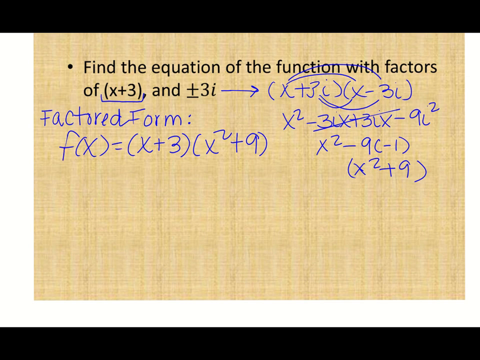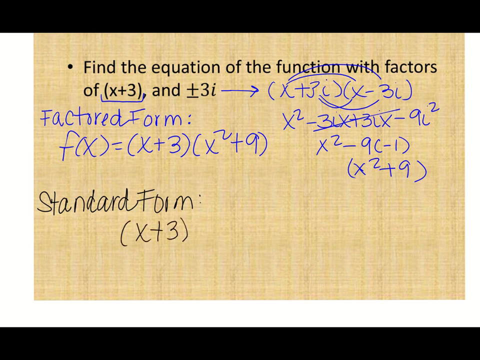Now we're also going to ask you to put that in standard form. So this would be factored form with my factors. Then standard form would be multiplying that out. So for standard form, I would take x plus 3 and x squared plus 9 and multiply those out in order to get those polynomials that we're used to seeing.